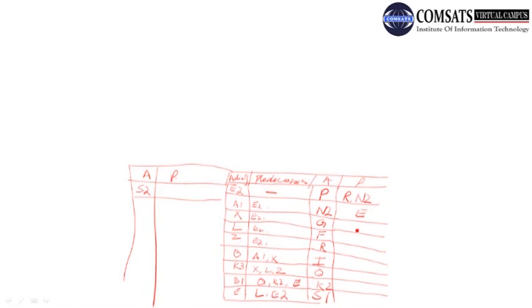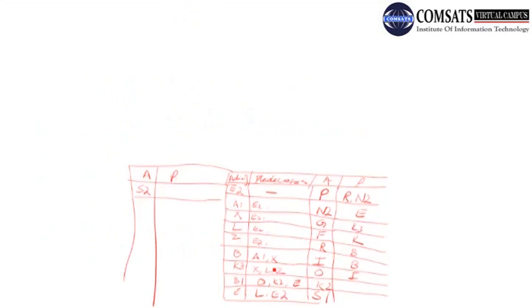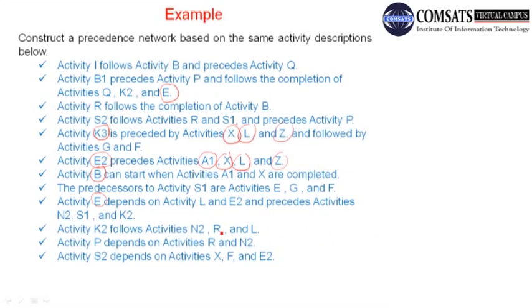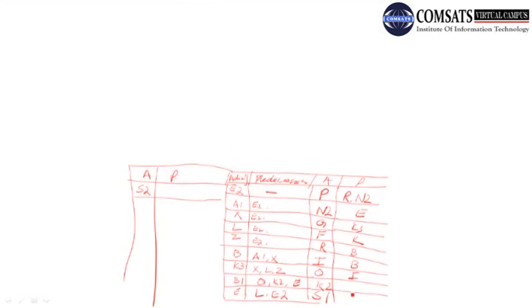Okay, so G is dependent on K3, F is dependent on K3, R is dependent on B, I is dependent on B, and Q is dependent on I. Let's check. Okay, I follows B, and that's good. Q is dependent on I, and where is it? Okay, that is okay, and then we have K2.